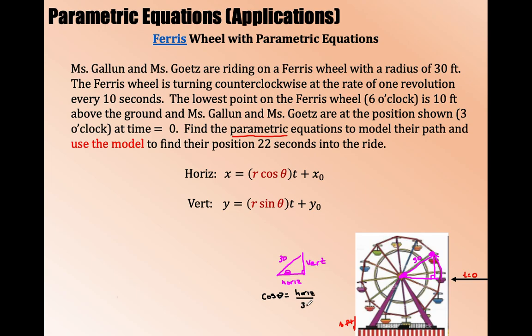So to get the horizontal component by itself, you're going to multiply by 30. So look at what we have up here. The horizontal component, which we call x, is equal to 30, the radius, times the cosine of the angle, which represents the horizontal movement right here.